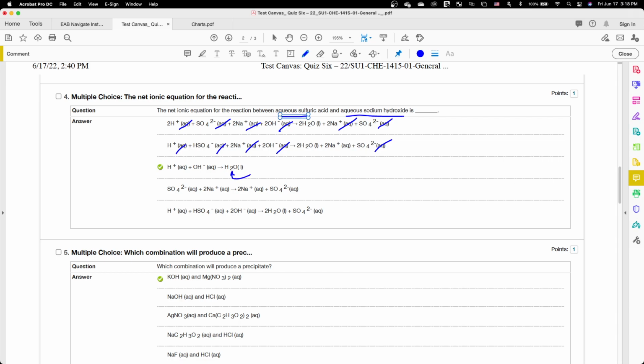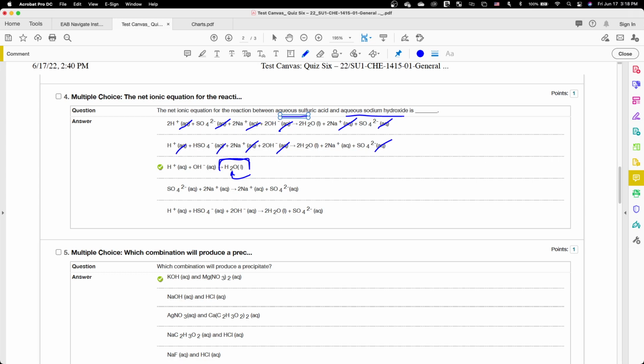Because remember, once again, in a net ionic equation, you actually cancel out all the ions that are aqueous, leaving behind only the ions that make the one product that's not going to be aqueous anymore. And so the only answer here that actually has a product that's not aqueous is C right there. You see that?